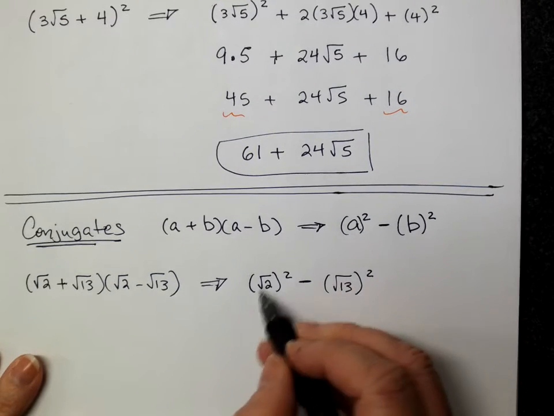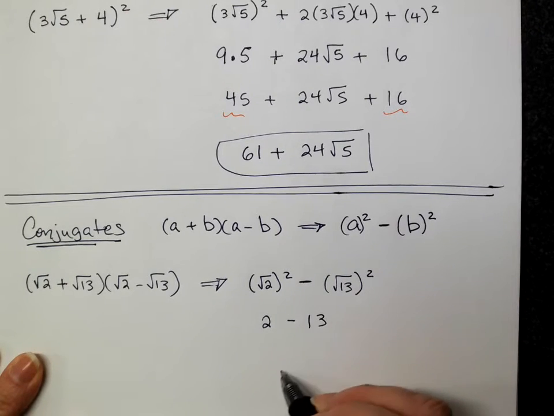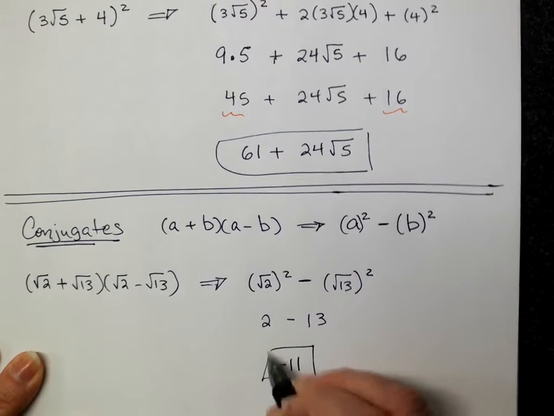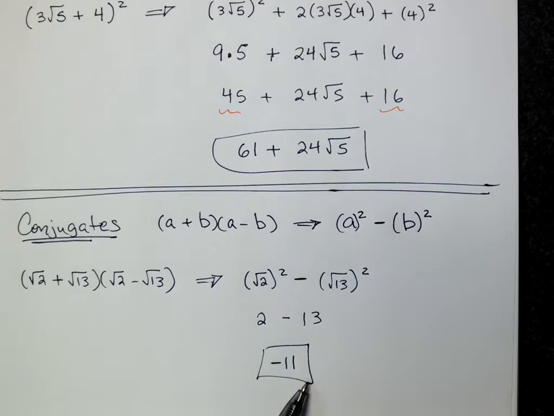Because now this becomes what? 2 minus 13, which gives us 11. No more radical. Now, if there were variables involved in this, you might not be able to get it down to one number. You might have something x plus or minus something, but still, there'd be no more radical. The radical's gone.